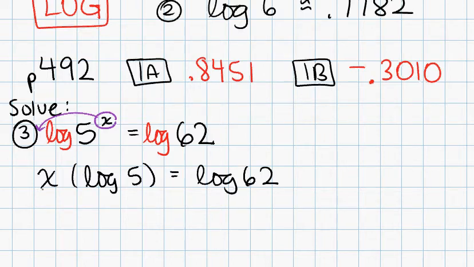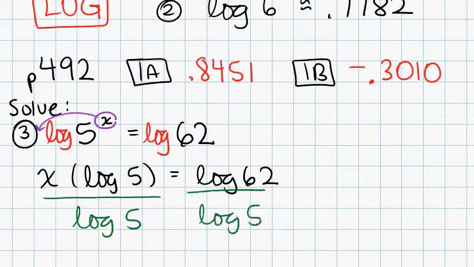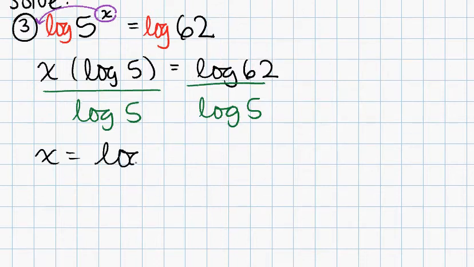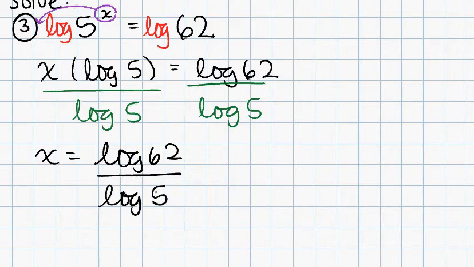To solve for x, you should divide by log 5, which is a number you found on your calculator. So x equals log 62 divided by log 5.